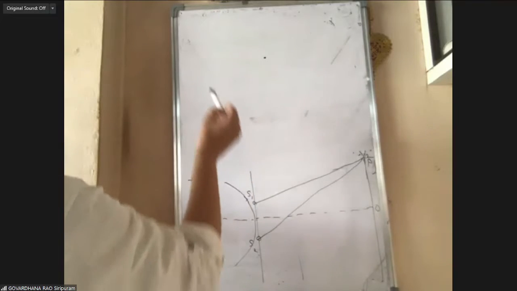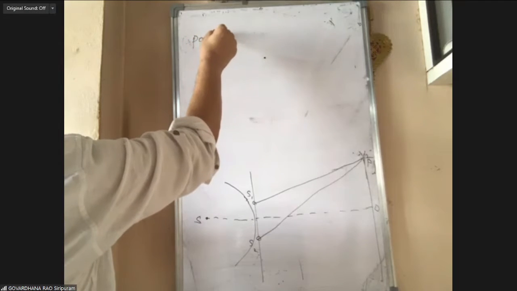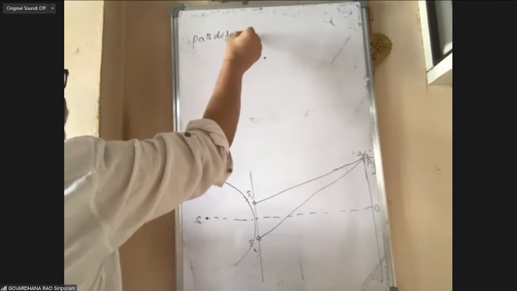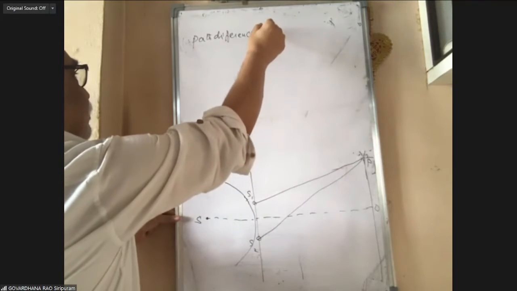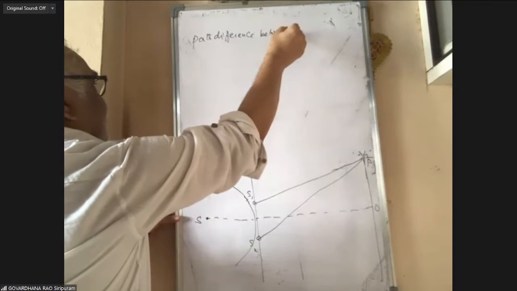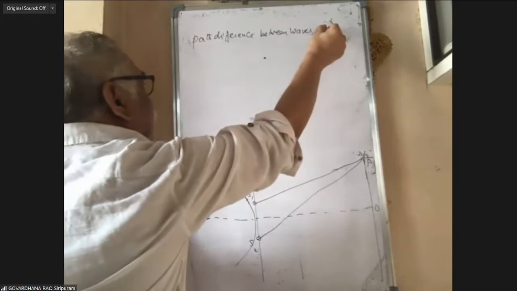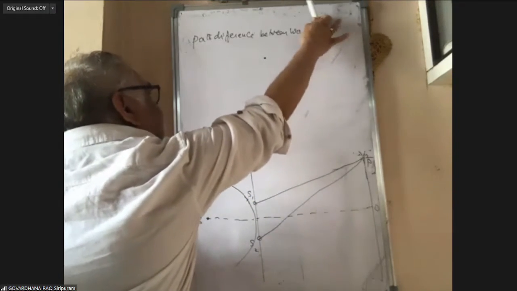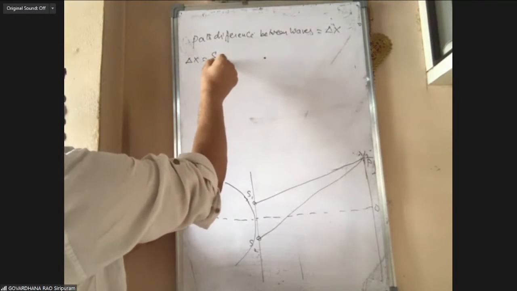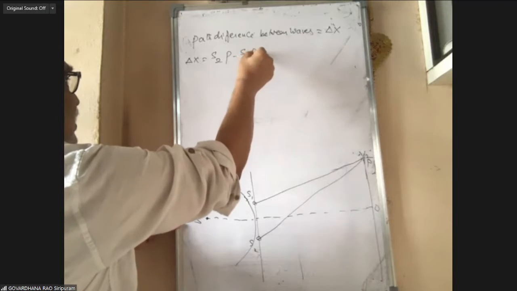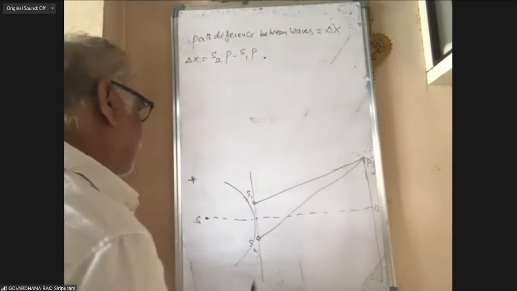See, now the path difference between the two waves. What is the path difference between the two waves? That is delta x. So this delta x is S2P minus S1P.